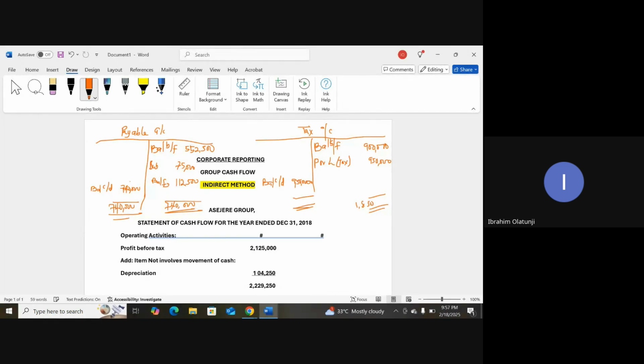Then the difference will now be tax paid. So what's going to be the difference? 900. So this is the tax they paid.